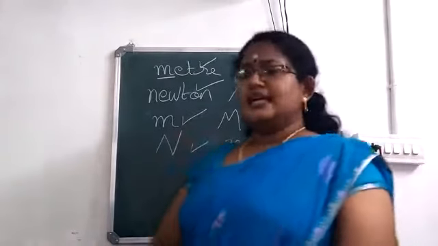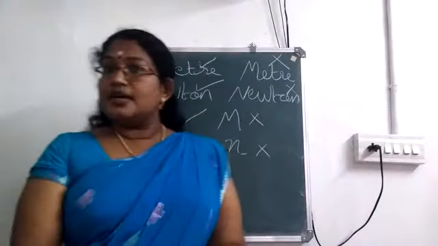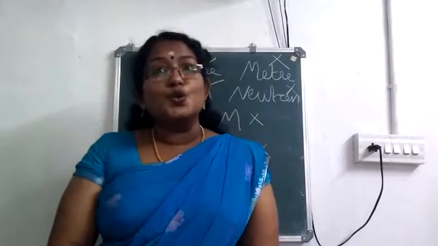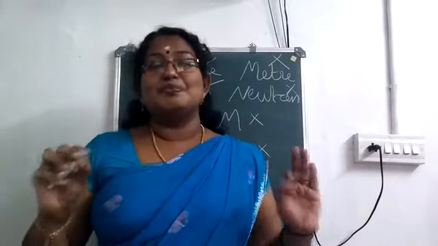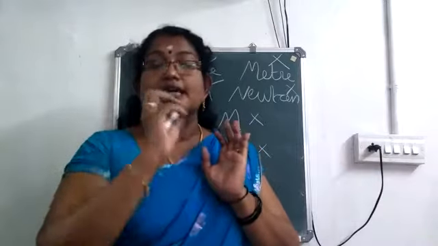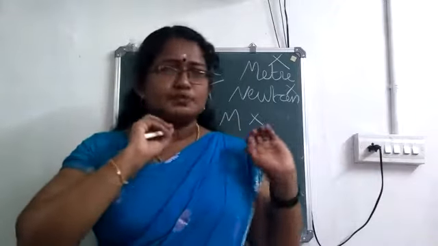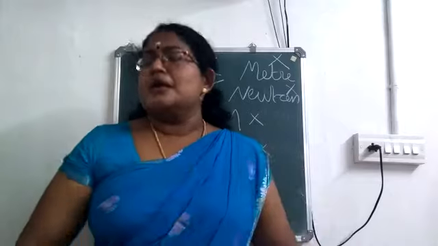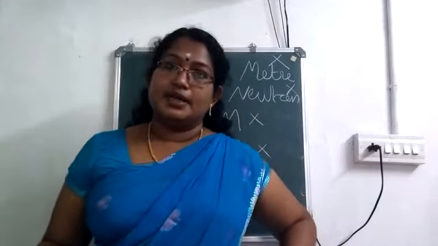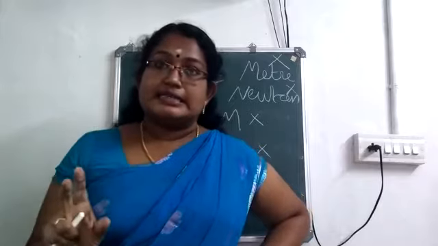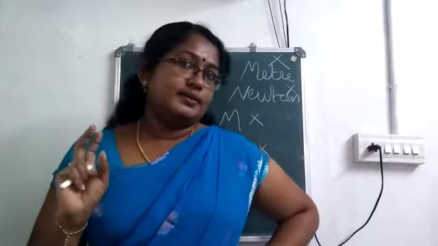Now, the next thing is, we never write units in plural form. In your maths textbook and elsewhere, most probably you will see meters, kilometers, seconds, etc. But the symbol of a unit is never written in plural form.